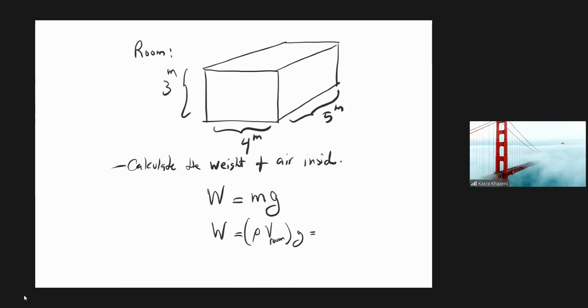Okay, well, that's good. What is the volume of the room? Well, rho of the water, what was that? The rho of the water is roughly 1 times 10 to the 3 kilograms per meter cubed. And then g is g. Now I need the volume of the room.